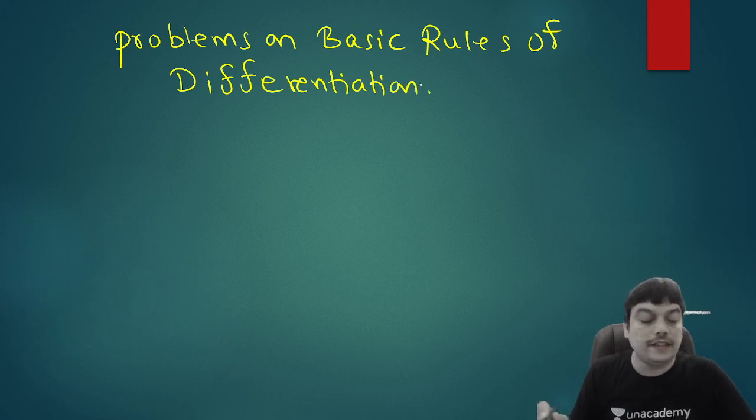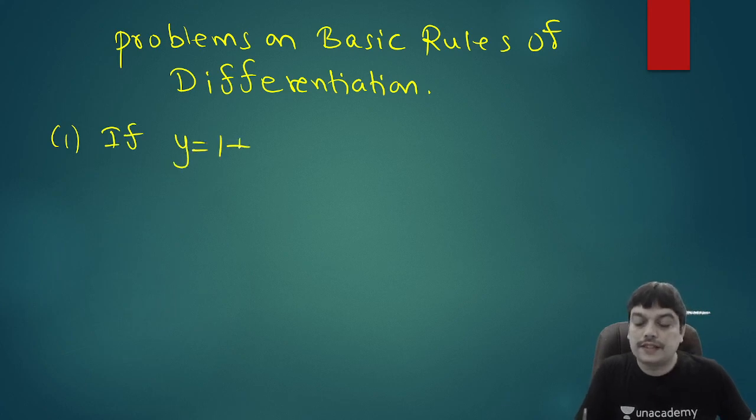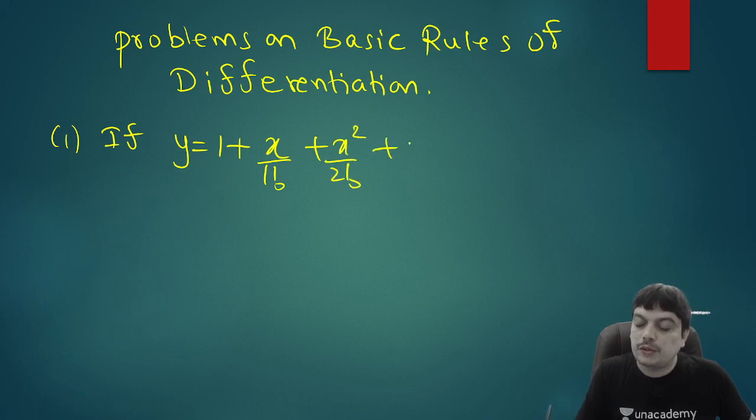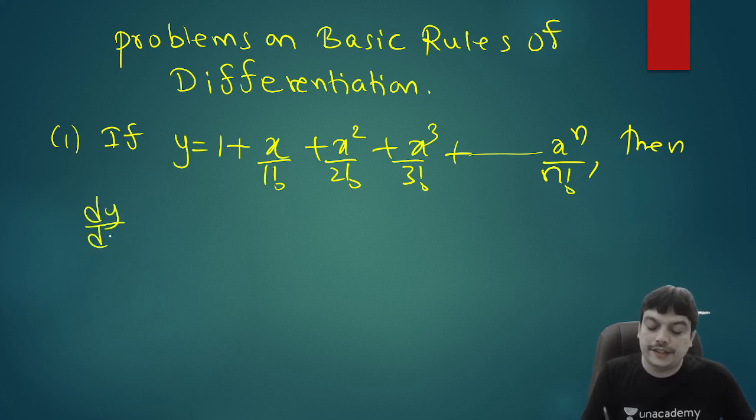To begin with, let us start with this question. If y is equal to 1 plus x by factorial 1 plus x square by factorial 2 plus x cube by factorial 3 and so on up to x power n divided by factorial n, then what is the value of dy by dx?